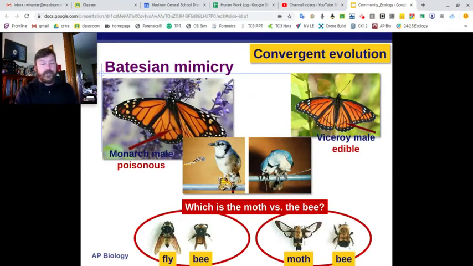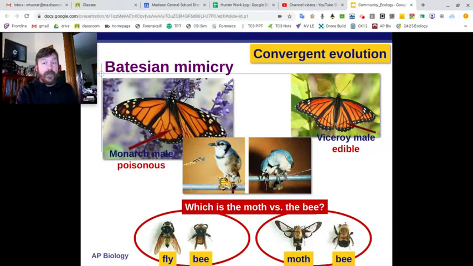This is Batesian mimicry here. You've got a monarch male, which is poisonous. And you can tell it's a male, by the way, because of where the arrow is pointing on the wing. That dark spot is indicative of a male monarch butterfly, just in case you didn't know. Over there on the far right, you see the viceroy, which looks just like a monarch, but it isn't.